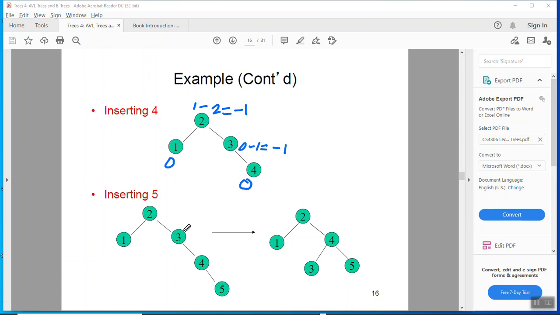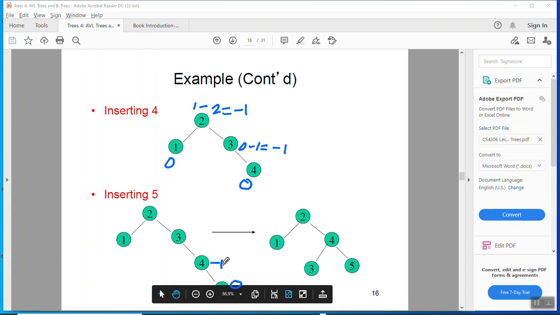Now when we insert 5, what will happen? 5 is greater than 4, so it will go on the right side, but we need to check the balance factors again. This balance factor is 0, and this is 0 minus 1, negative 1.